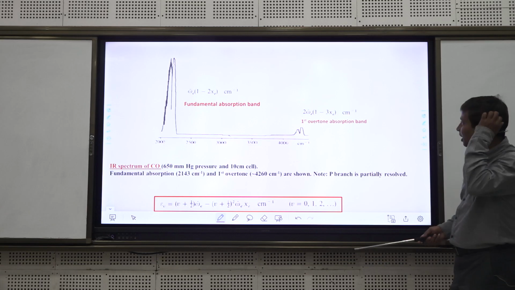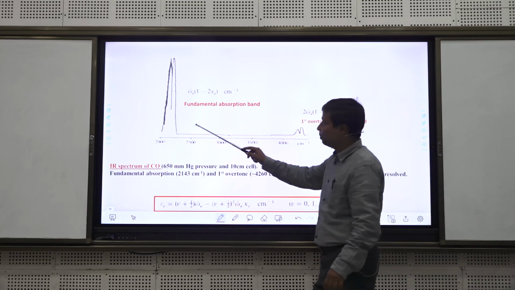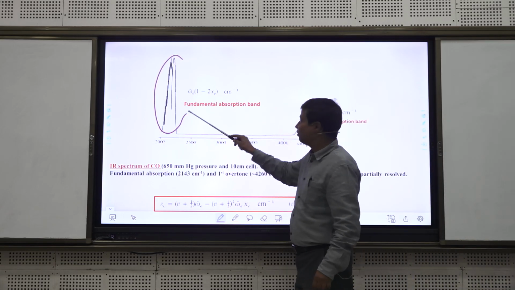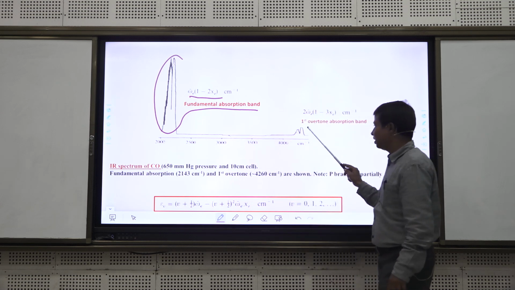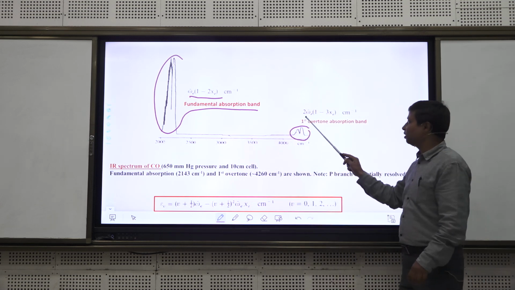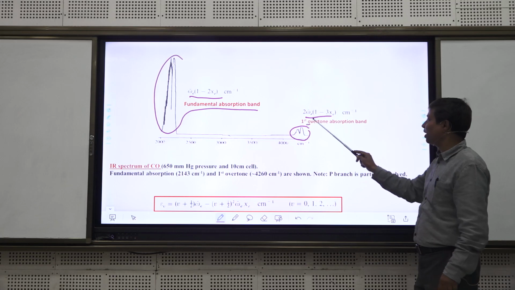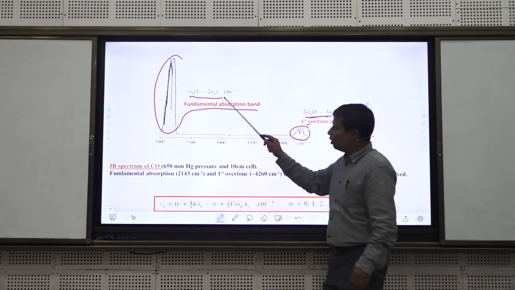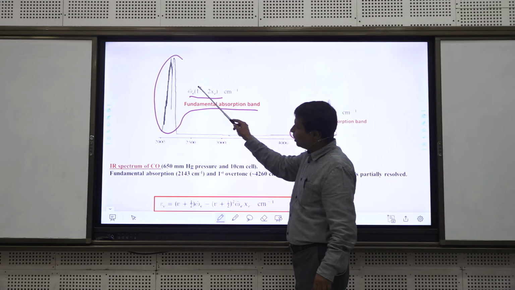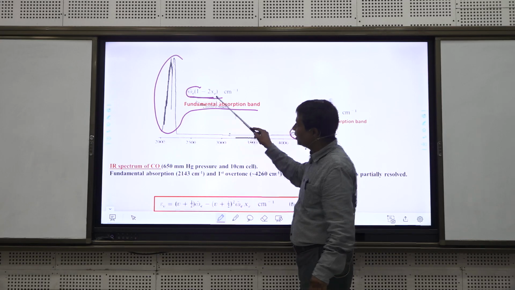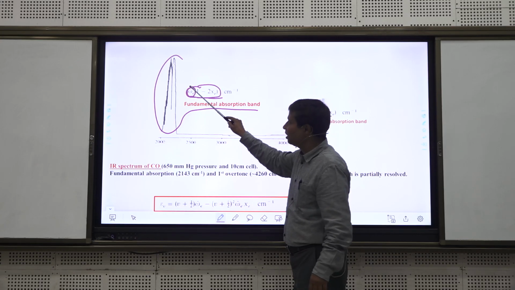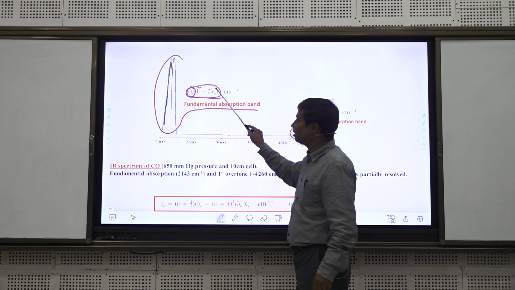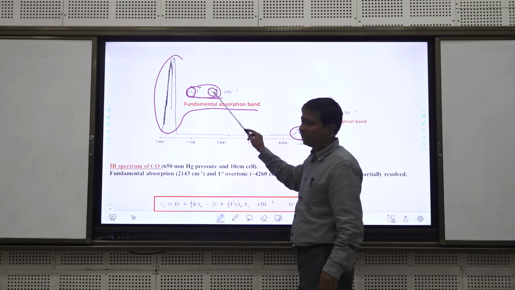So what we have learned is that this big band is the fundamental absorption band, whose expression is this one. This small band is the first overtone band, whose expression is this one. If you look carefully, this expression contains the oscillation frequency minus twice of Xc.